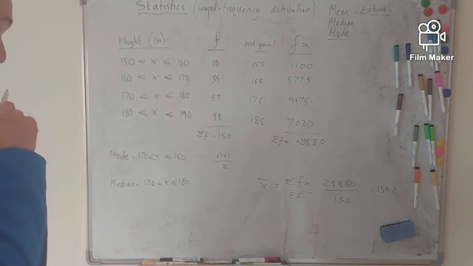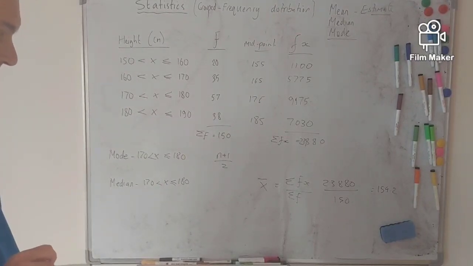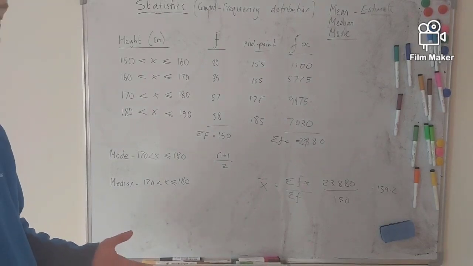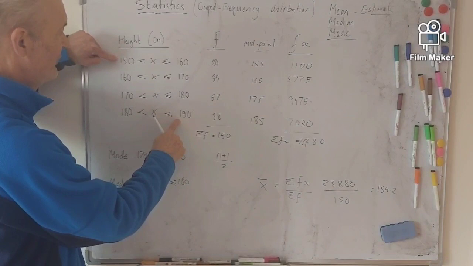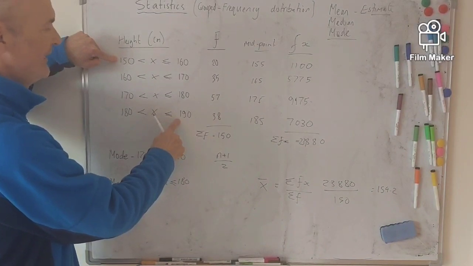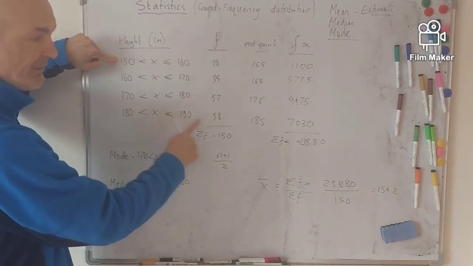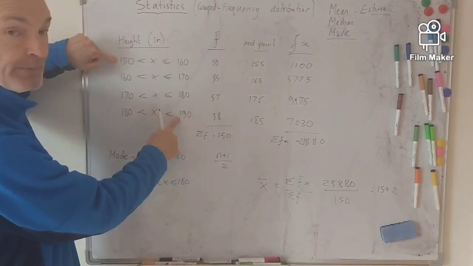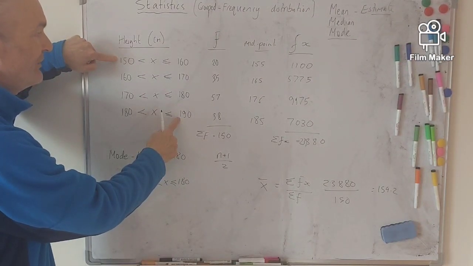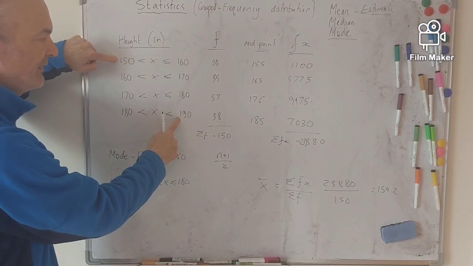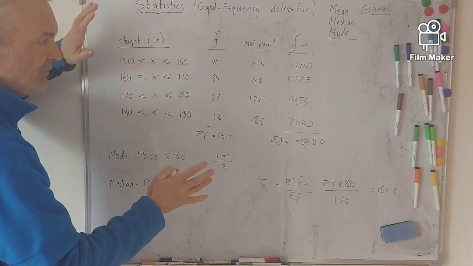So what you want to do is think about, does that look about right? Obviously our heights run between 150 and 190, so your mean value has got to be between those two values. If you get a value that is not between those values, then you know you've done something wrong.